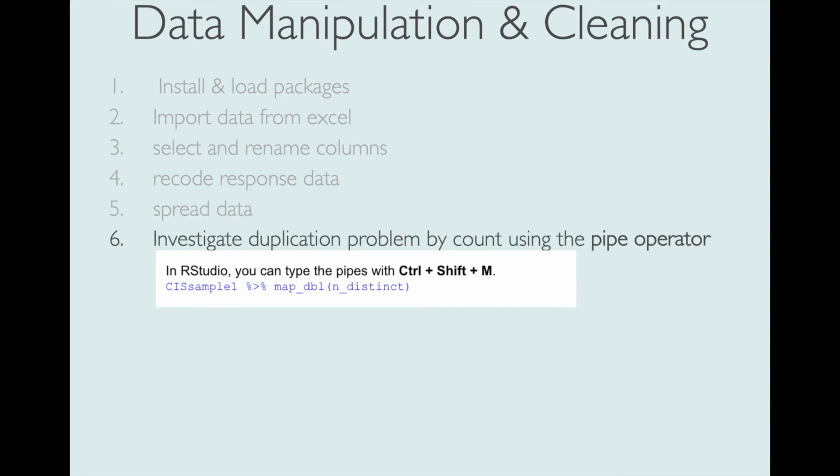We're going to learn this really useful pipe operator, which is signified by percentage sign, greater sign, and percentage sign again. So to get that easily typed in, you can use the keyboard combination Control-Shift-M. So the pipe operator, the whole idea behind this is to make the syntax really easy to understand. So it saves a lot of steps in between.